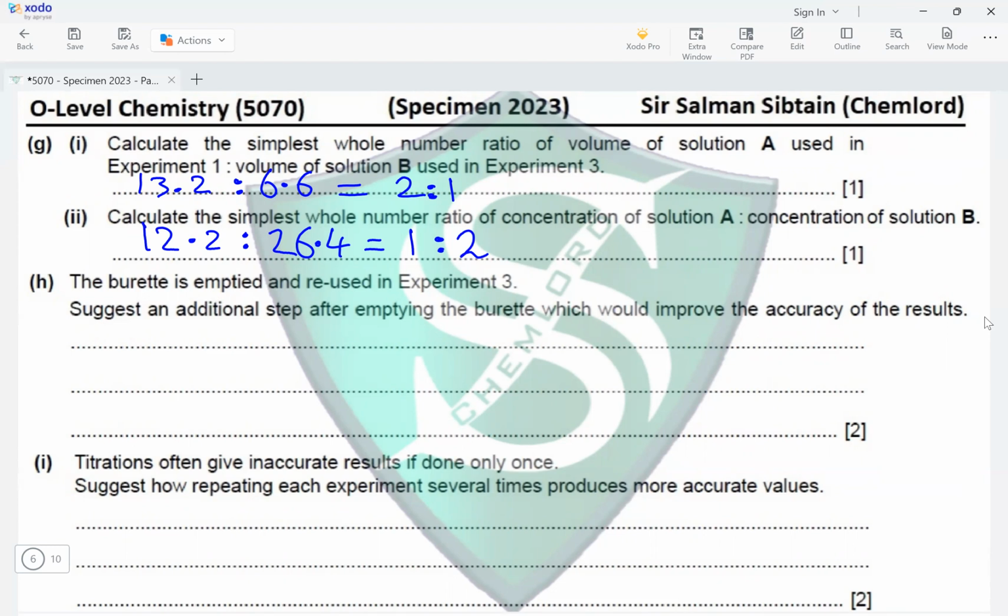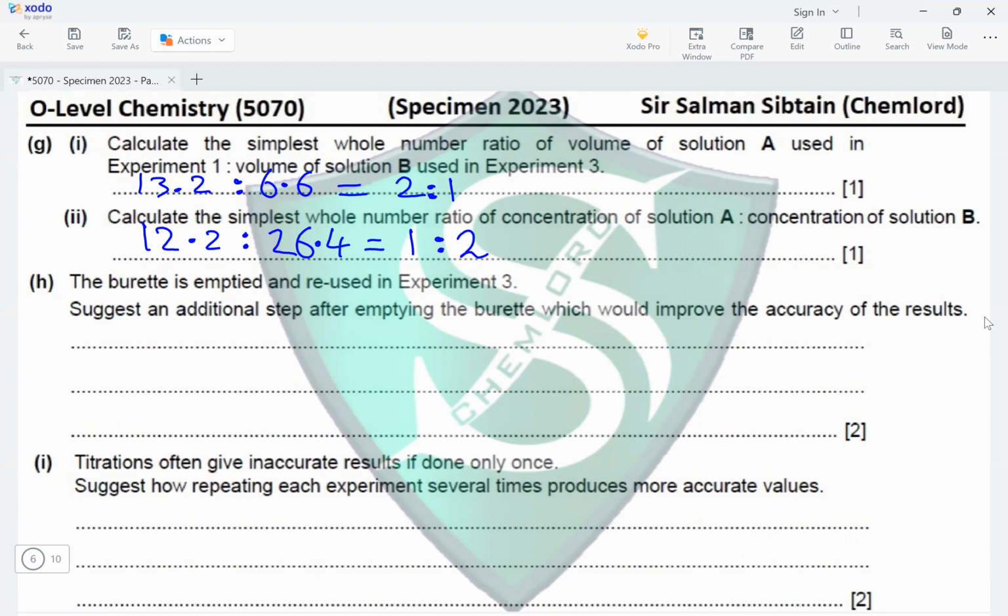Okay, part H. The burette is emptied and reused in experiment 3. Suggest an additional step after emptying the burette which would improve the accuracy of the results. Okay, in order to improve the accuracy of the result, we must clean the burette completely of any other solution present in it.